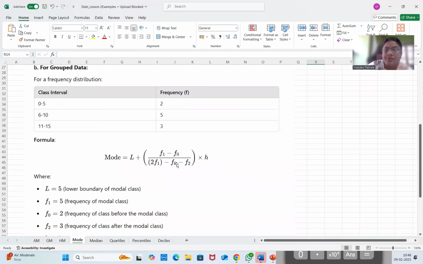You cannot do 2F1 minus like this. If you do it, your calculation will be wrong. So please observe where the bracket is open and where it is closed. So L plus, open the bracket, F1 minus F0, divided by, open the bracket, 2F1 minus, close the bracket there, and minus F0 and F2, into H. Now, as discussed earlier, the lower boundary of the modal class.